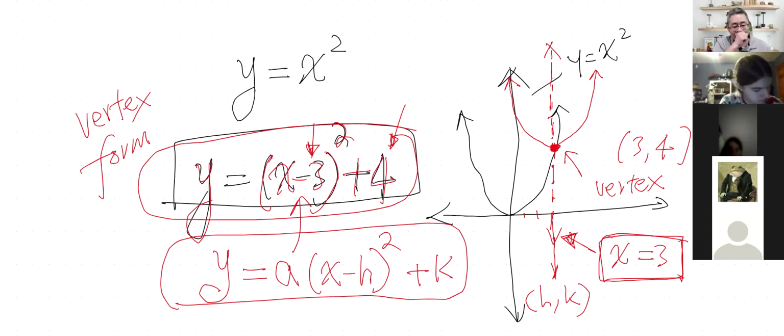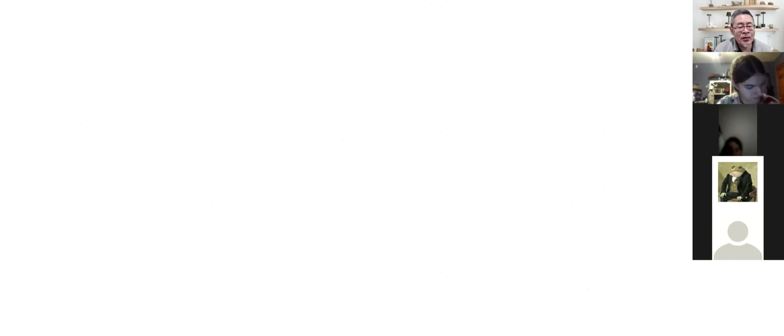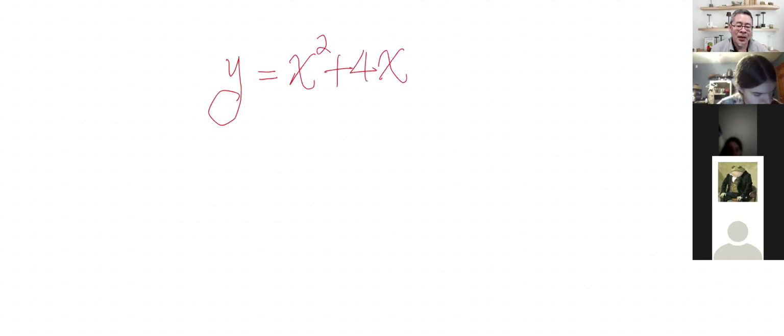Good. Okay. So now, technically what we got for the quadratic function is not in that form. This is something called standard form. So x squared plus 4x plus, say, 3.